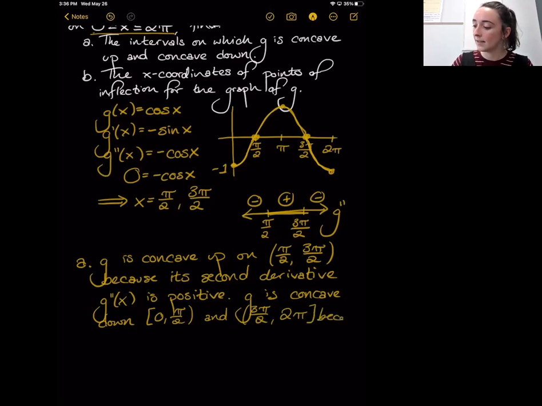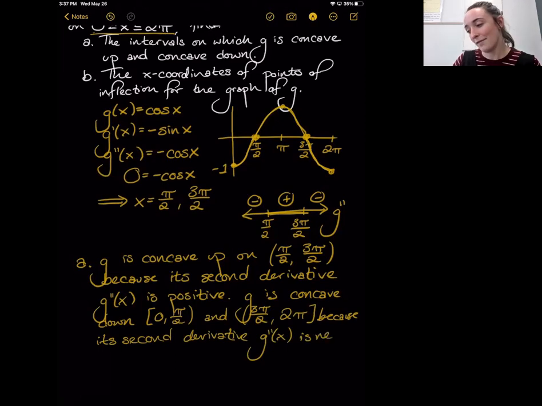And that is because its second derivative, g double prime, is negative.